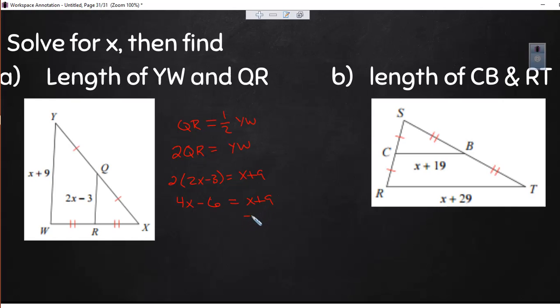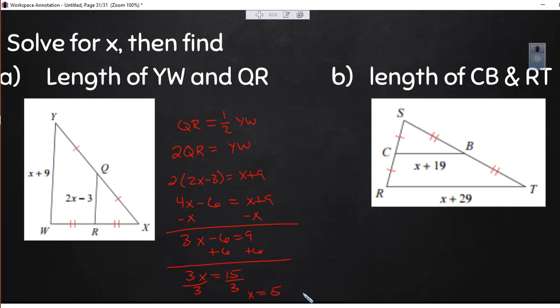Now bring our x's together and solve for x. 3x minus 6 equals 9. Add our 6. 3x equals 15. When we divide by 3, x is equal to 5.